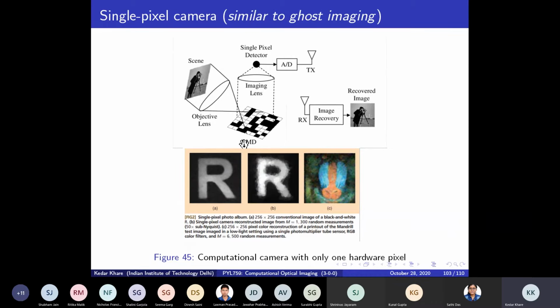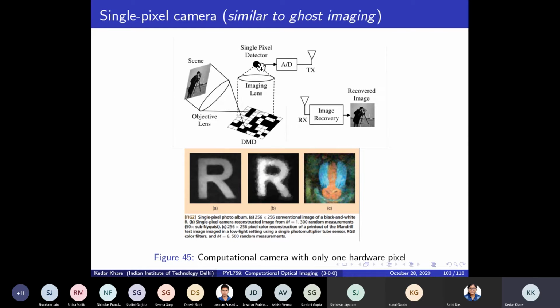And then this whole thing is integrated by a lens onto a single detector. So at a time, what I get is a scalar product of the scene that I want to image and the pattern that I have on the DMD. And since I can do this at an easily few kilohertz rate, I can display many patterns on the DMD one after the other.